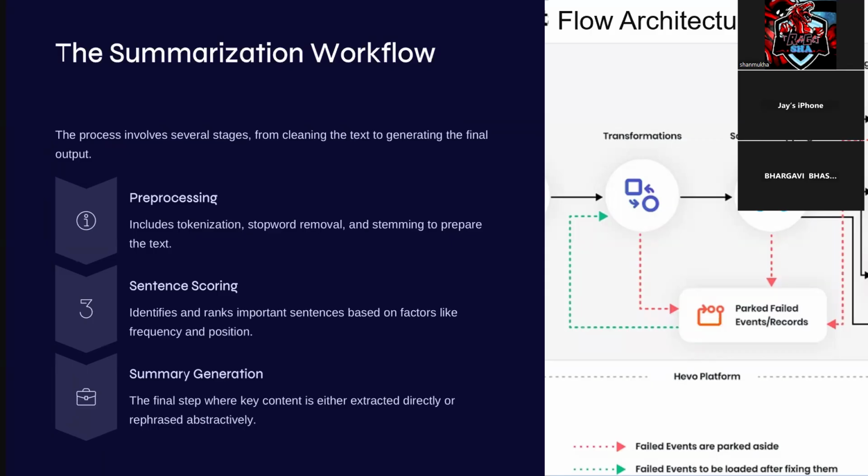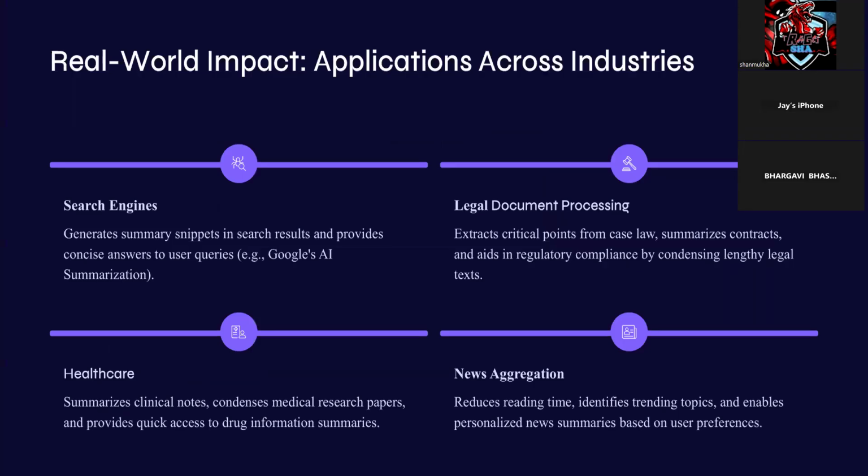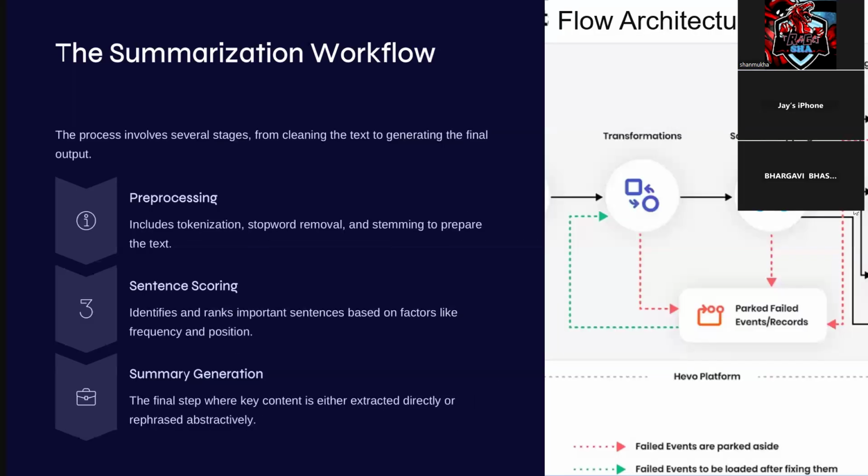Sentence scoring identifies and ranks important sentences based on factors like frequency and position. The final step is summary generation, where the key content is either extracted directly or rephrased abstractively. And you can see the flowchart of the architecture of the summarization workflow.